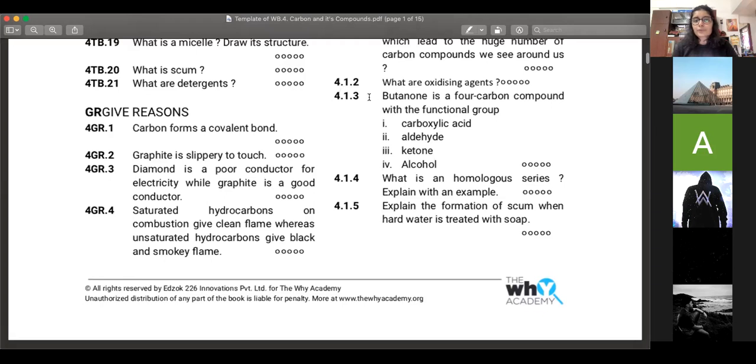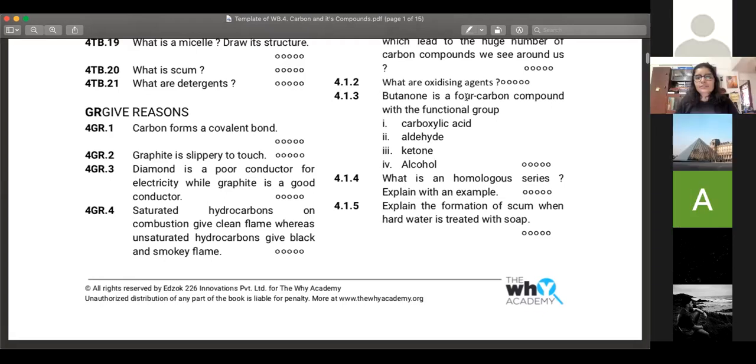Okay, 4.1.3. Butanone is a 4-carbon compound with the functional group. It's an MCQ. Option A, B, C, D. Abir has already answered, that is correct. Puneet, check your answer again. We're talking about butanone. Yeah, now we got it.